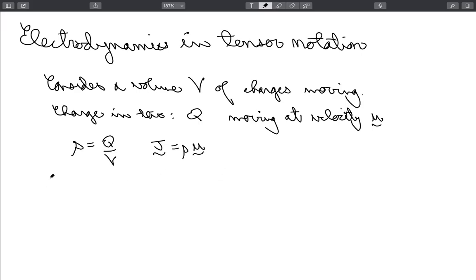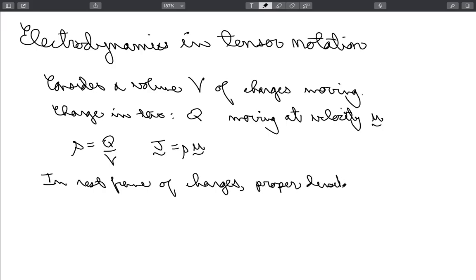In the rest frame of the charges, of course, things would be a little bit different because there would be a proper density which would be different to the one measured in the lab due to Lorentz contraction.